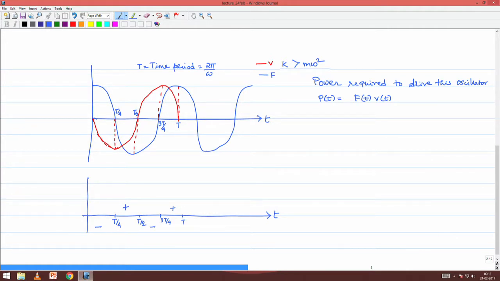What does the negative power and positive power imply? Negative power implies that power is actually not done by the external agent to drive this oscillator. In fact, it is the oscillator which gives back the power to the external agent, right. That is the meaning of negative power, because positive power means that is the power that is required by an external agent to drive the oscillator.